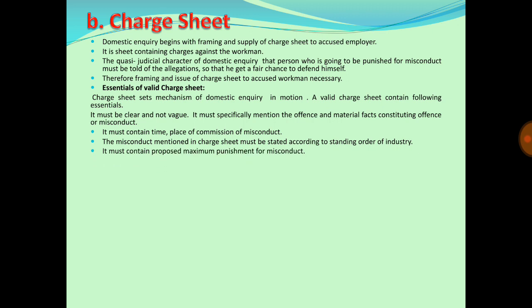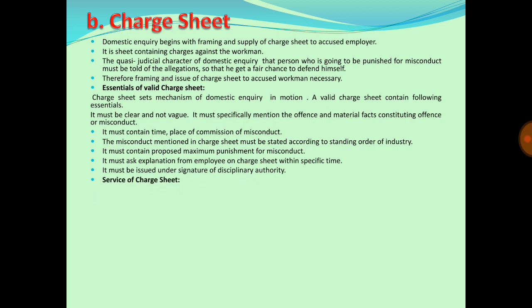So the misconduct should be mentioned there, and that should be sanctioned by the appropriate authority. It must contain the proposed maximum punishment for the misconduct. That should also be mentioned. Then it must ask for an explanation from the employee on the charge sheet within a specific time. That is also one of the essentials. Then it must be issued under the signature of the disciplinary authority.